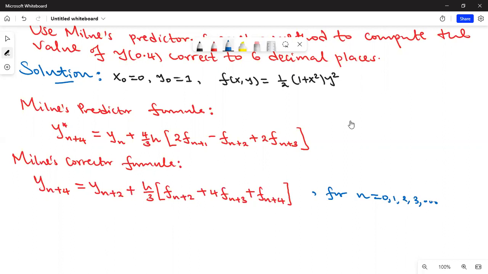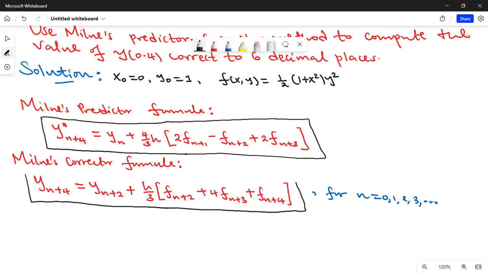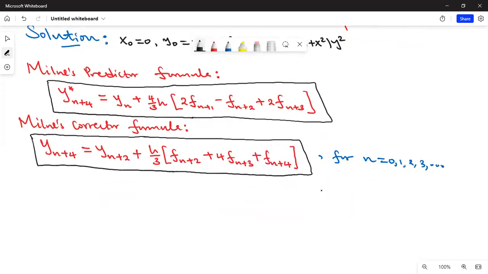So let me bracket these formulas. They're very important. You only need to master these formulas because how to apply them is very easy. Just mastering how the formulas look is what might be cumbersome. But once you know the formula, it's very easy to apply the formula when you're given an initial value problem. So let's see how to apply it. We start with n equal to 0. We are iterating. So we put n equal to 0.